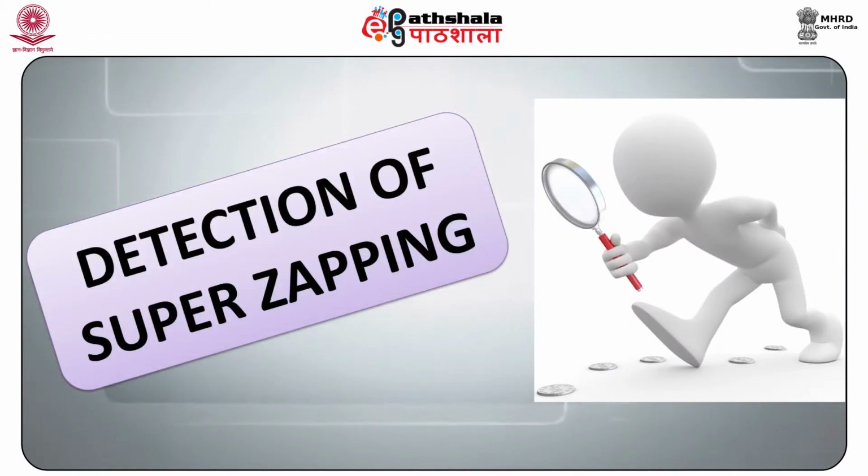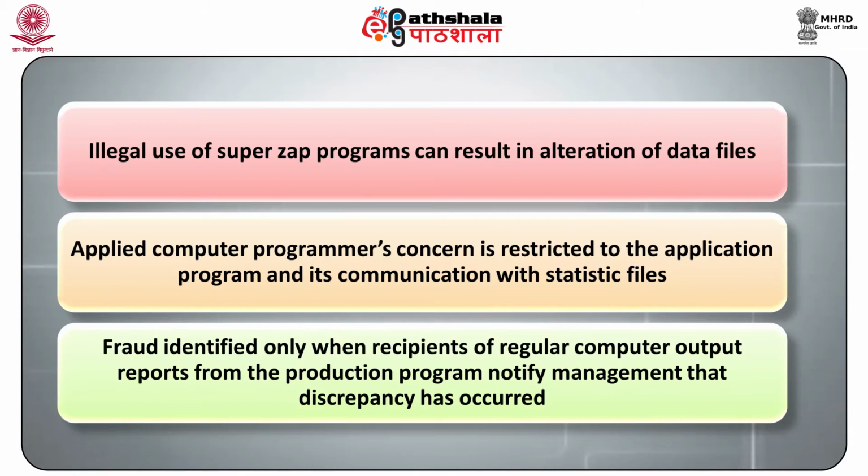Detection of super zapping. Illegal use of super zap programs can result in alteration of data files that are generally updated only by manufacturer programs. Typically, few, if any, controls can detect changes in the data file from previous runs. The applications programmer does not expect this kind of fraud.